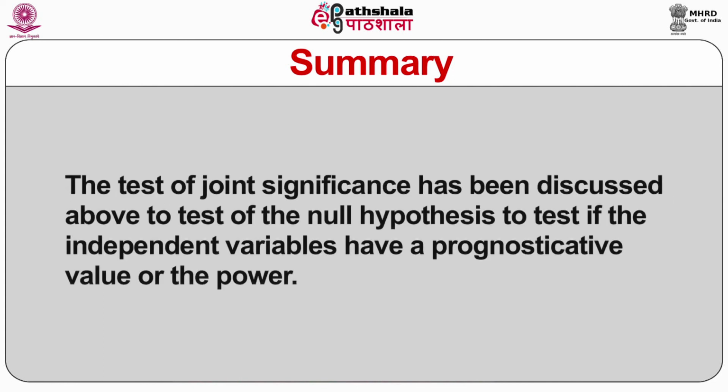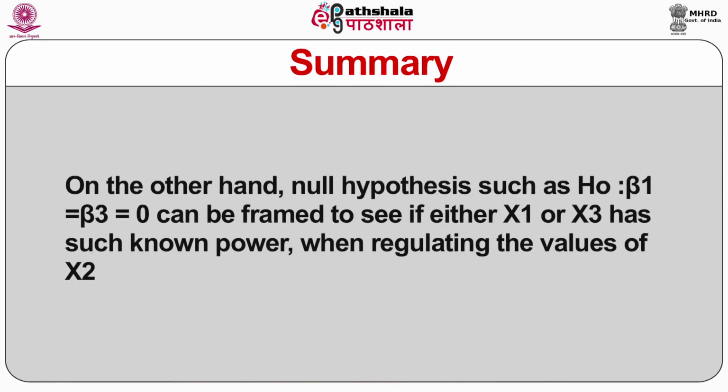The test of joint significance has been discussed above, to test the null hypothesis, to test if the independent variables have a predictive value or power. On the other hand, a null hypothesis such as H0, where B1 is equal to B3 is equal to 0, can be framed to see if either x1 or x3 has any such power when regulating the values of x2.